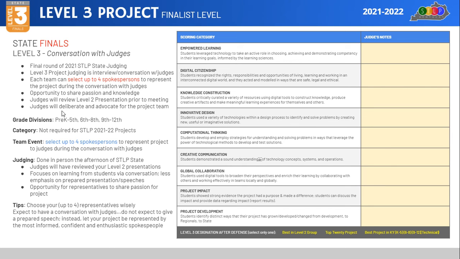Level 3 judging is a cat fight. I haven't done level 3, but Tanita Cobble, who works for me, does level 3 all the time. What happens is you find the best project. This is the best elementary project, and what one person thinks is the best elementary project is not necessarily what somebody else thinks. So they've got to come to a consensus on what is the best project.